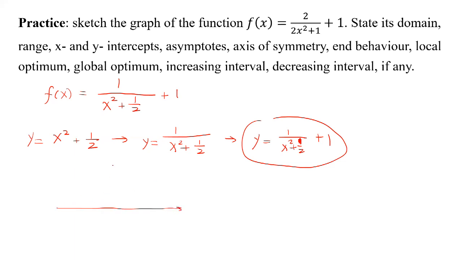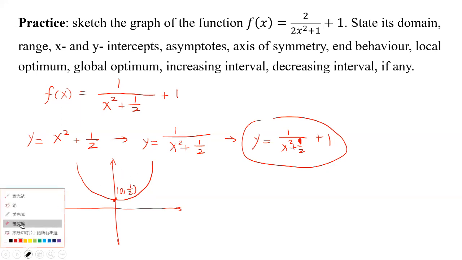Okay, so if we sketch x² + 1/2, it will look like this, right? The vertex is (0, 1/2). And then the reciprocal will look like this, right? And then, sorry, made a mistake here. Its reciprocal should look like this.